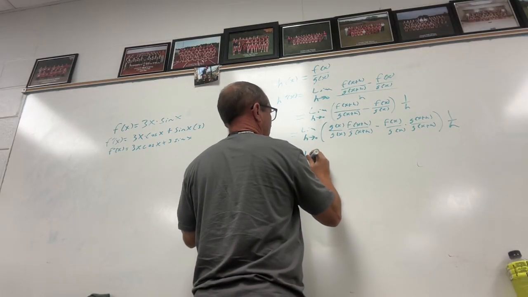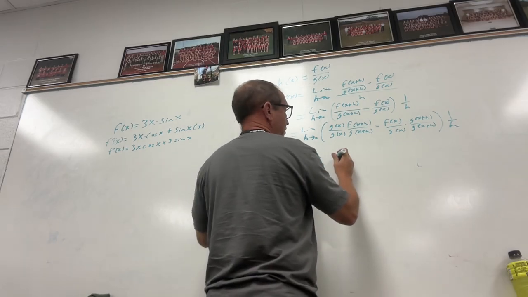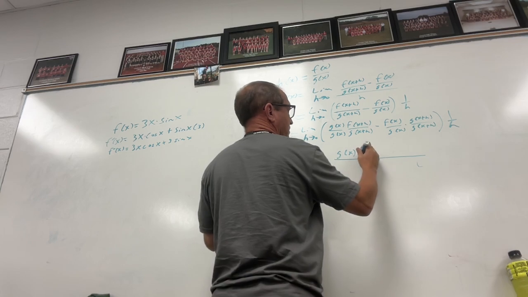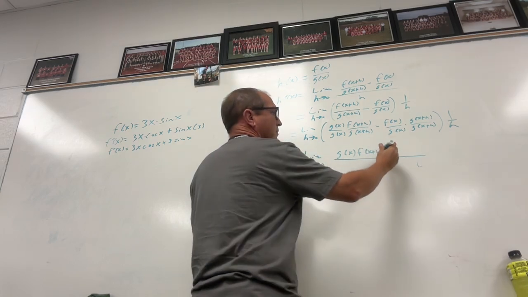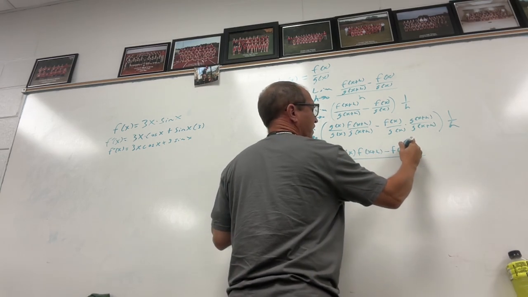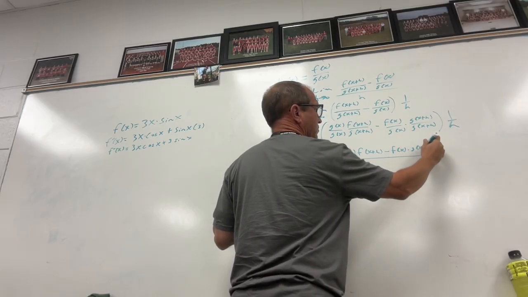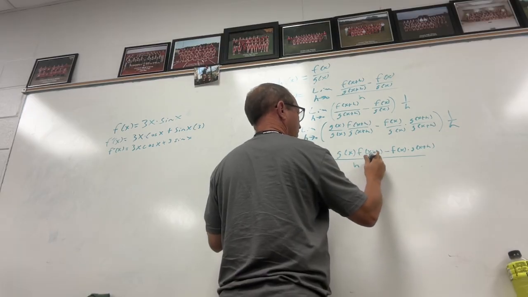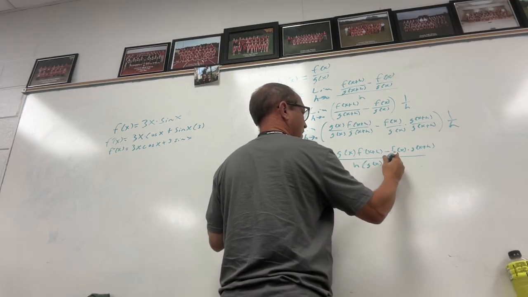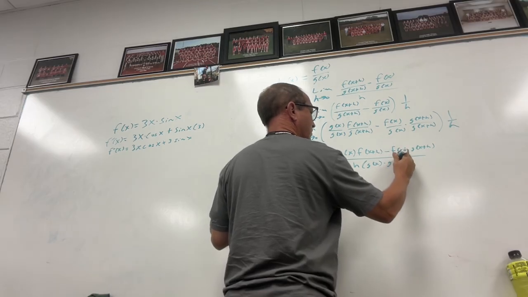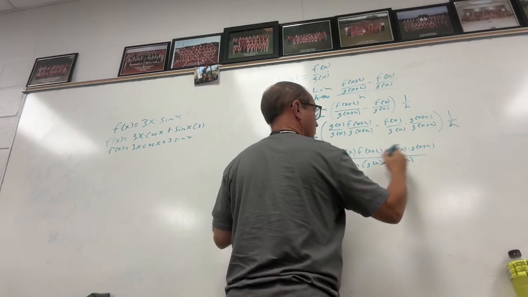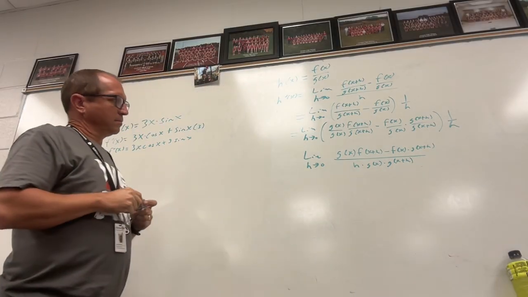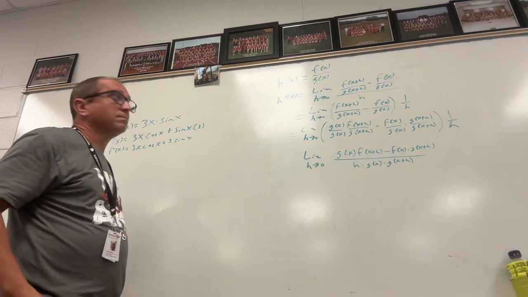So I've got the limit as h approaches 0 of g of x times f of x plus h minus f of x times g of x plus h, all over h times g of x times g of x plus h. Are we okay to keep going here?